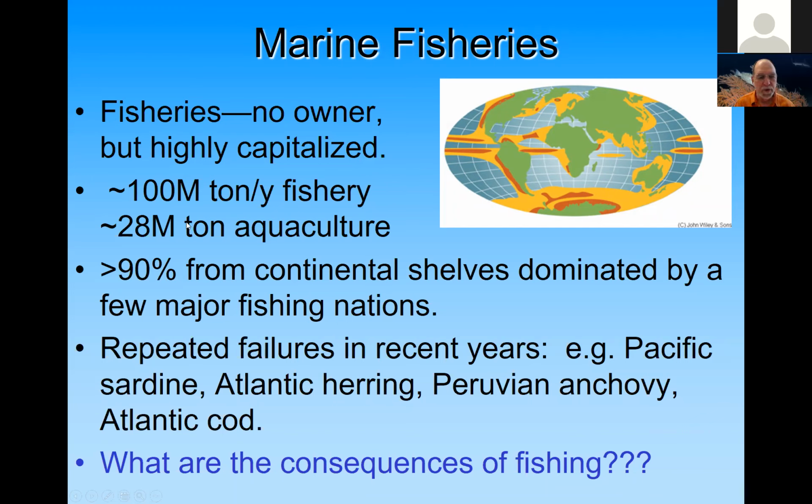Now, the global production of fish is approximately 100 million tons per year. That's actually been decreasing lately. So that's 100 million tons produced by what we can call wild caught fish. There's also about 28 million tons, and that's actually increased, produced by aquaculture.